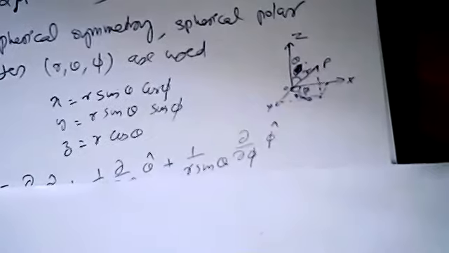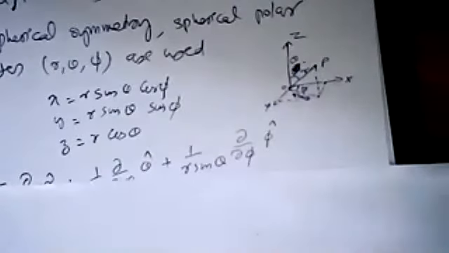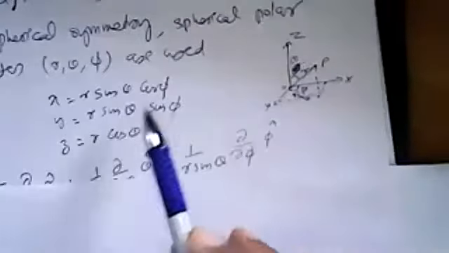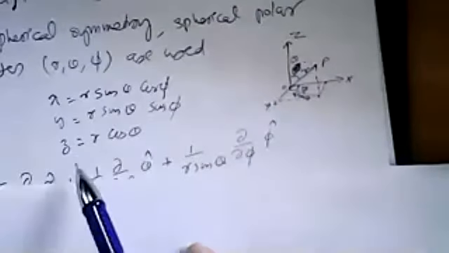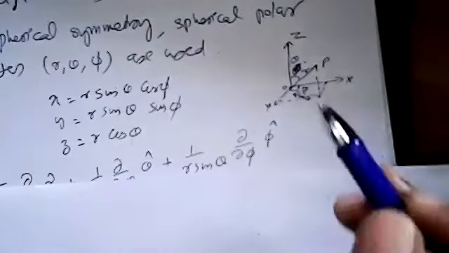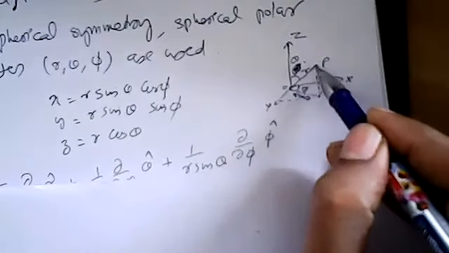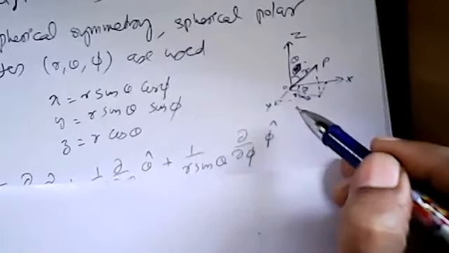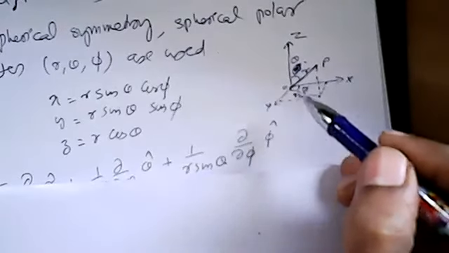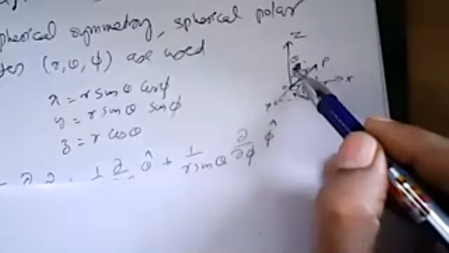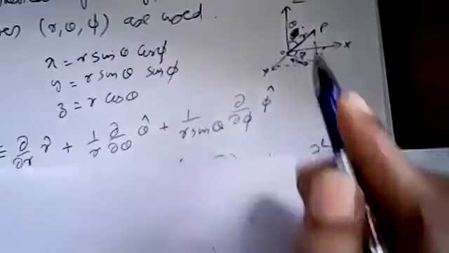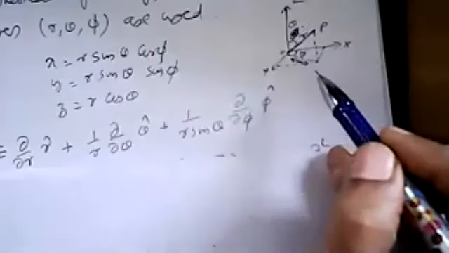That is the simplest way of converting Cartesian coordinates into spherical polar coordinates. So x equals r sin theta cos phi, y equals r sin theta sin phi, z equals r cos theta. So theta is the angle between the vector and the z axis. I earlier said it as phi, correct it as theta. Phi is the angle in the xy plane.